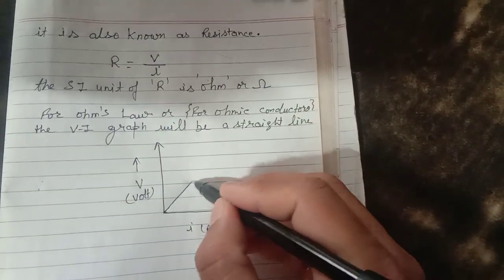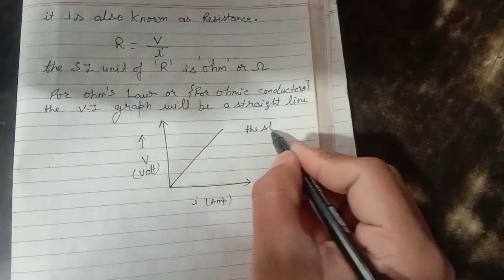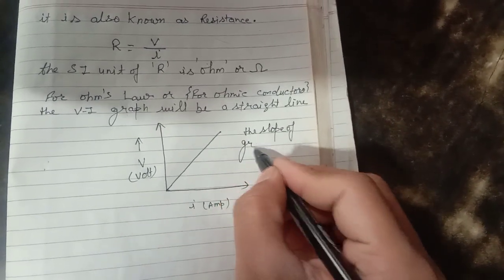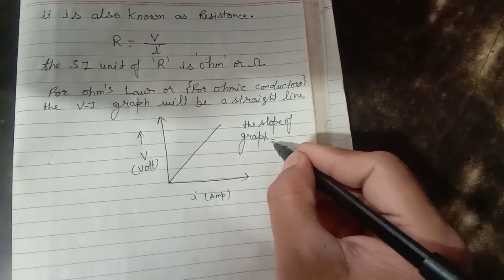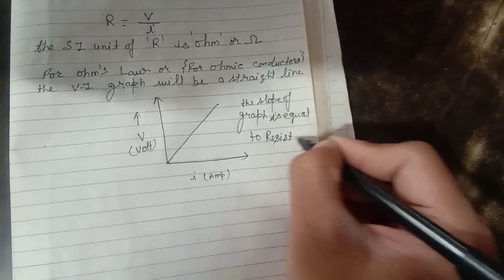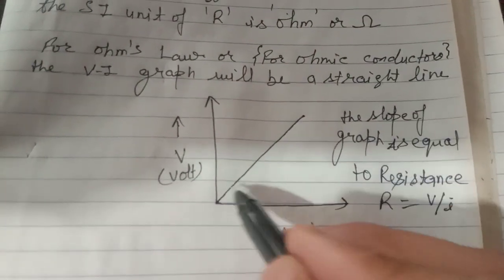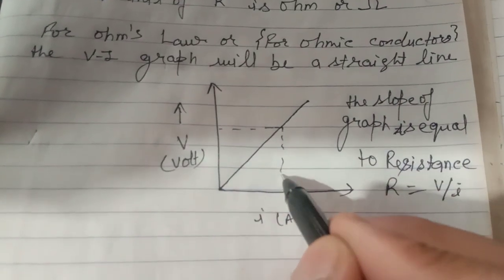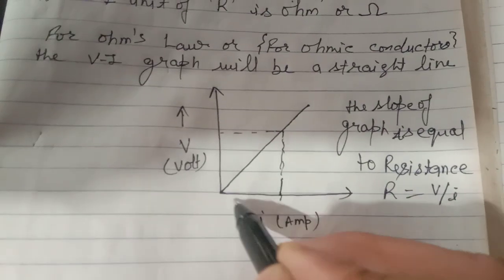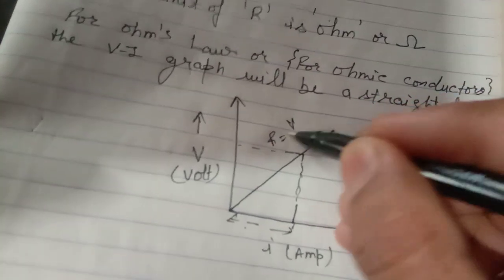So the graph will be a straight line, and the slope of the graph is equal to resistance R, that is V upon I. So V upon I is equal to R. This is R is equal to V upon I.